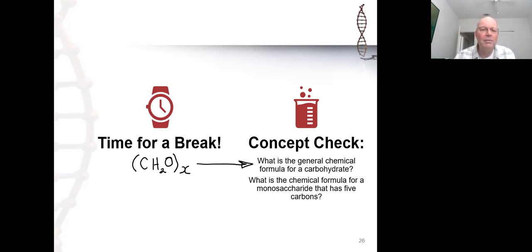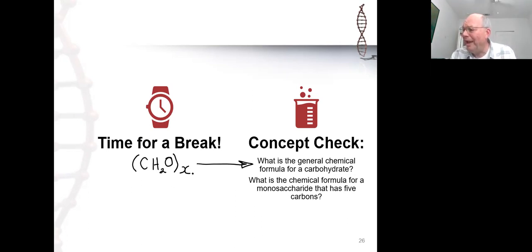The number X obviously refers to the number of carbons, and the number of oxygens, and X times 2 gives you the number of hydrogens. So that now leads us on into the second part here. What is the chemical formula for a monosaccharide that has 5 carbons?